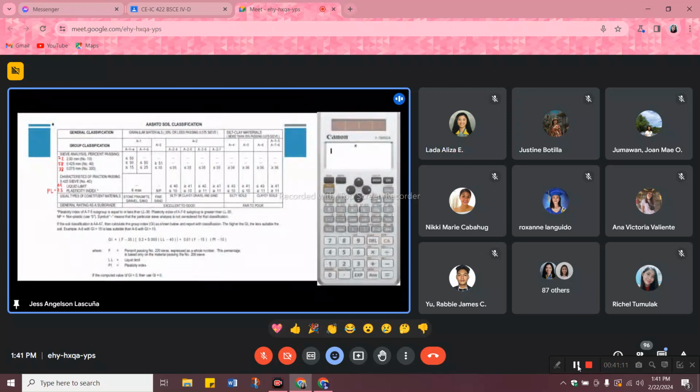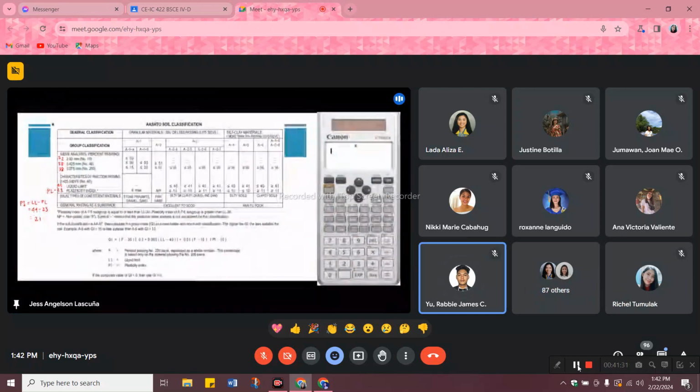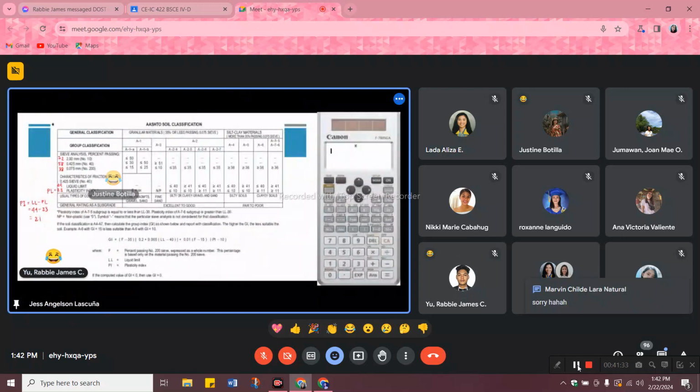So let's solve for PI first. LL minus PL, so 44 minus 23, which is 21.